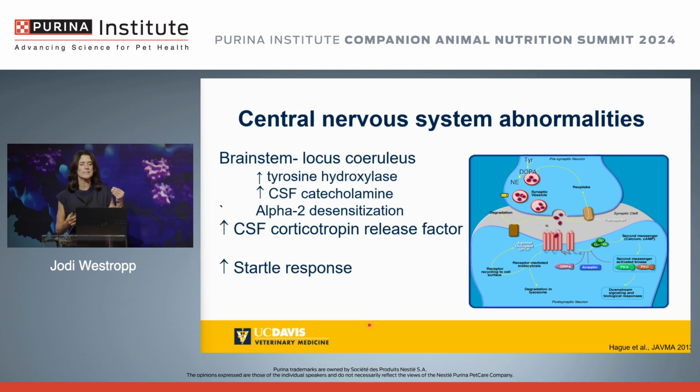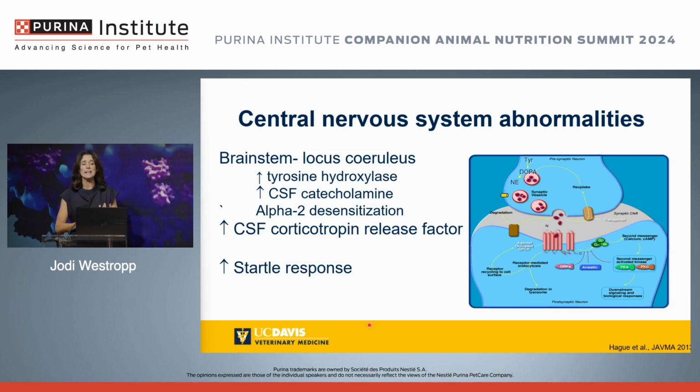And when looking, for example, in the brainstem, primarily an area called the locus ceruleus, this is an area that had large staining for tyrosine hydroxylase, which is the rate-limiting step to catecholamine synthesis. What's also interesting is that in that little area is where the pontine micturition center is, so I always find that really fascinating.